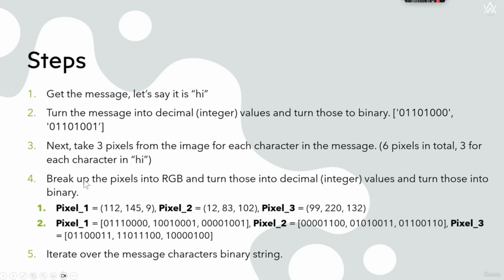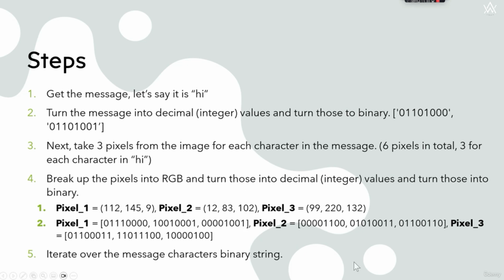Next we need to break up the pixels into RGB, or red, green, blue, and turn those into their respective decimal or integer values, and then turn those integer values into binary themselves. So here is exactly what that would look like. We have pixel 1: 112, 145, 9, and then pixel 1 broken down into binary here. We do the same thing for pixel 2 and the same thing for pixel 3.